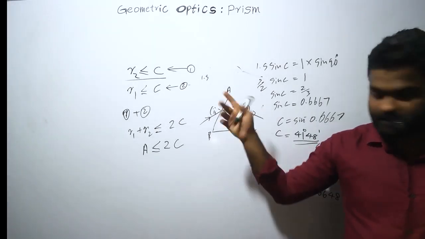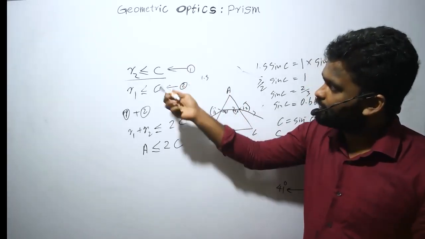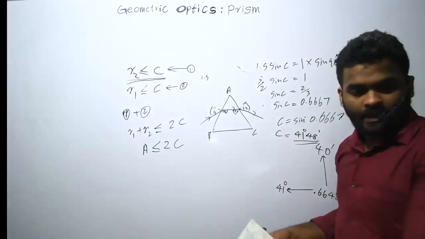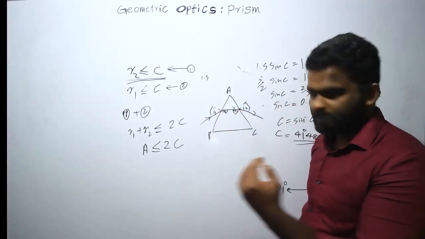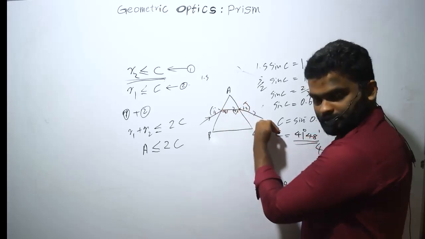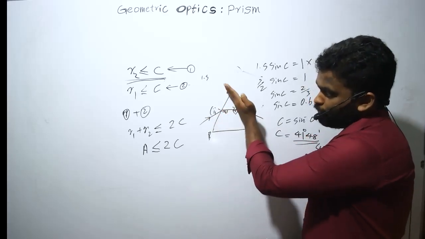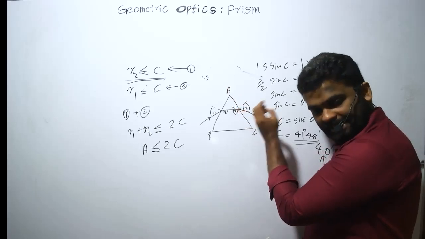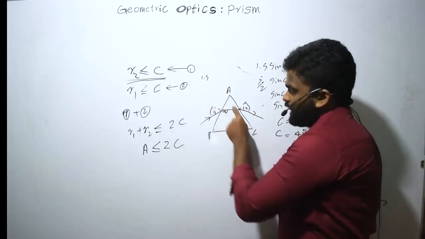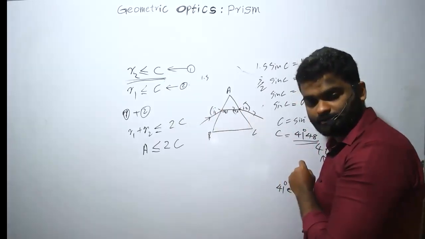So what I explained is using this one, right? What this means is you can take this: R2 less than C. If you consider the light ray going from this side, it will have this path. In order to emerge like this from the AC surface, the second surface, this is the requirement: R2 should be less than or equal to the critical angle.